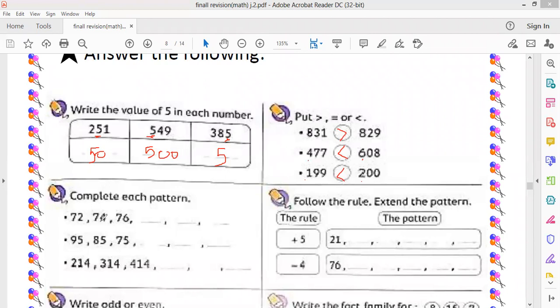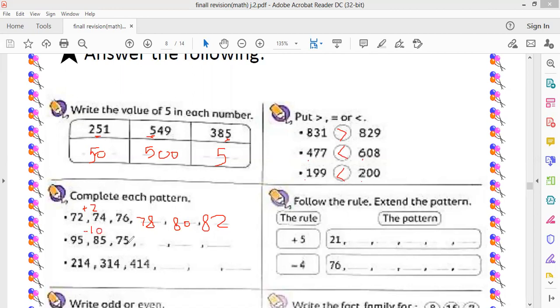Complete each pattern. 72 becomes 74, plus 2. Okay, so 76, plus 2, 78, plus 2, 80, plus 2, 82. 95, 85, 75, minus 10.